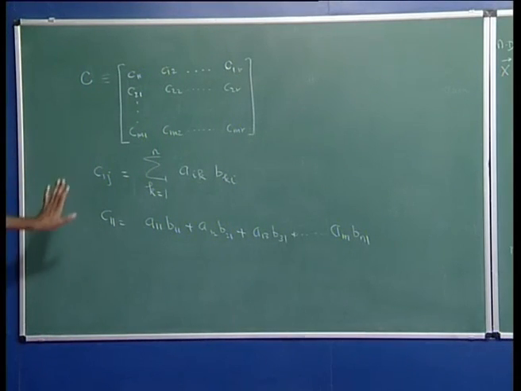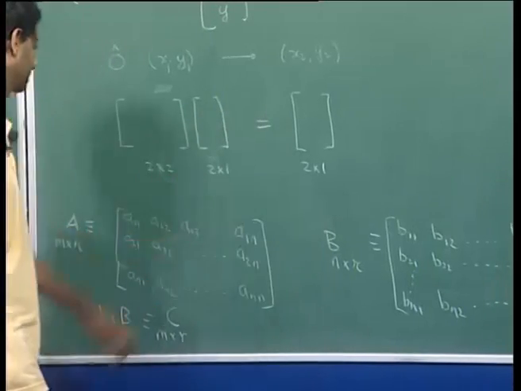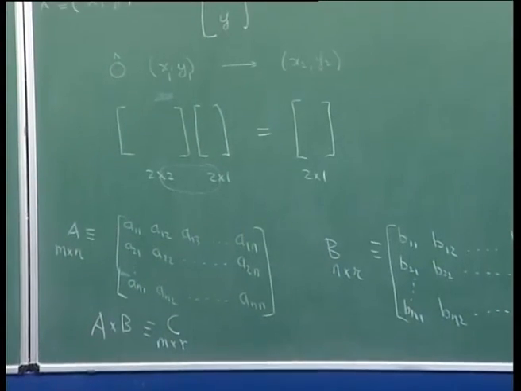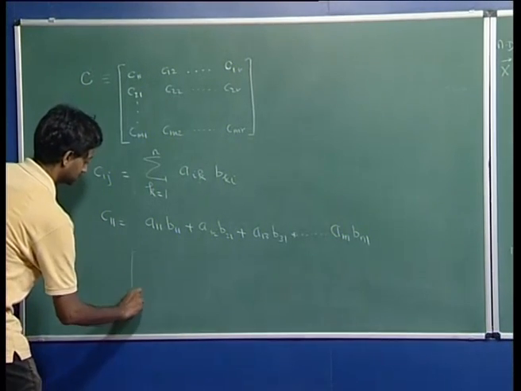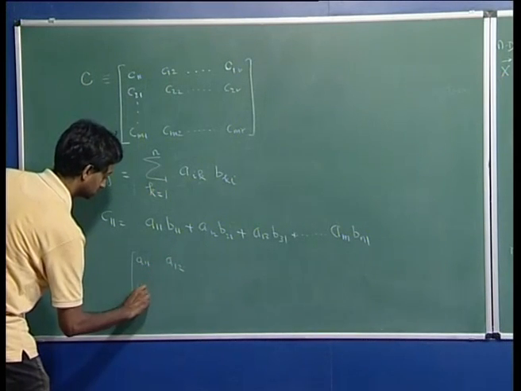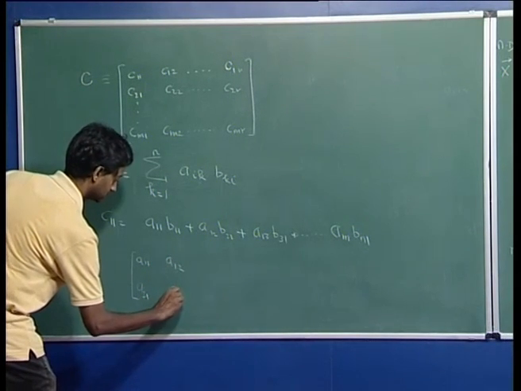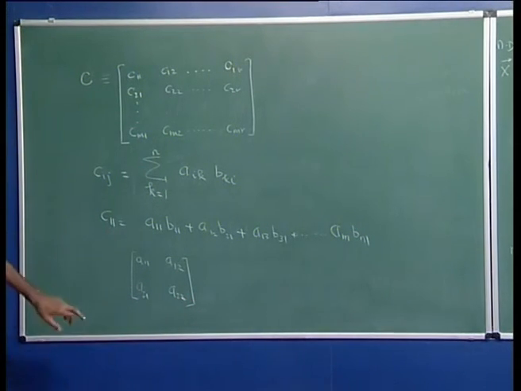Okay. Now, once you have defined this matrix multiplication in this form, then you can ask what does it mean to multiply a matrix onto a vector. Okay. So, if you multiply a matrix with a vector, for example, if you have a 2 by 2 matrix with elements A 1 1, A 1 2, A 2 1, A 2 2, and multiply it to a vector.